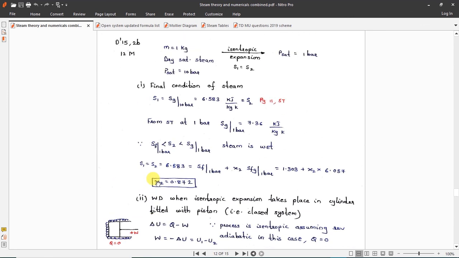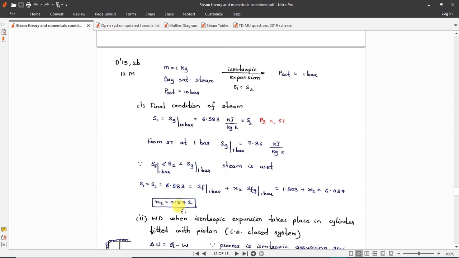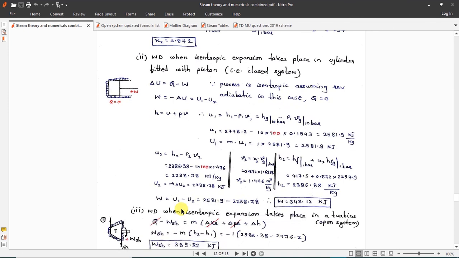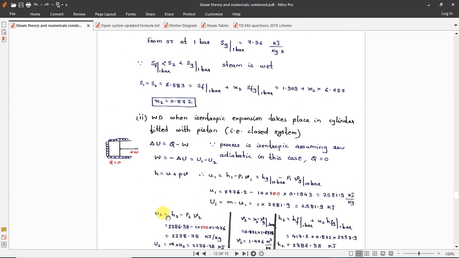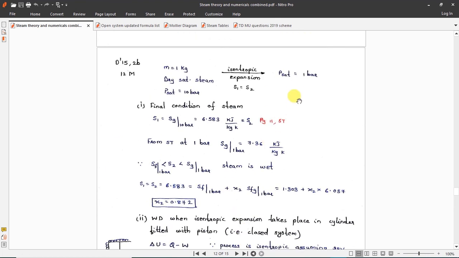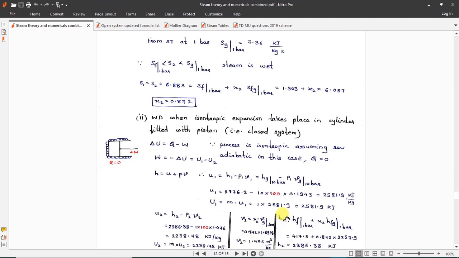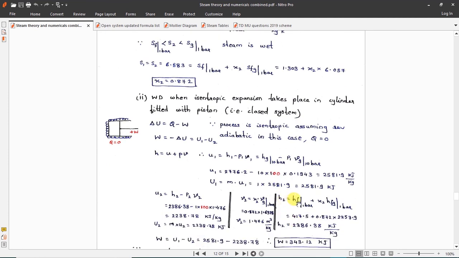Similarly, point number 2 is wet steam. So what can you write for wet steam? u2 is equal to H2 minus P2 V2. Now since this is wet steam, how to calculate H2? What is the pressure given? 1 bar. So H2 will be hf at 1 bar plus x2 into hfg at 1 bar.